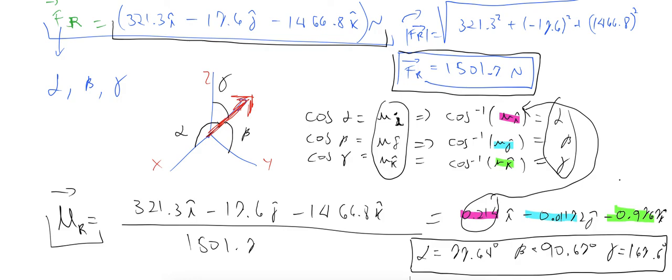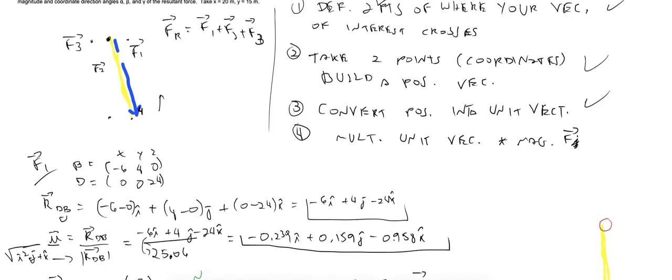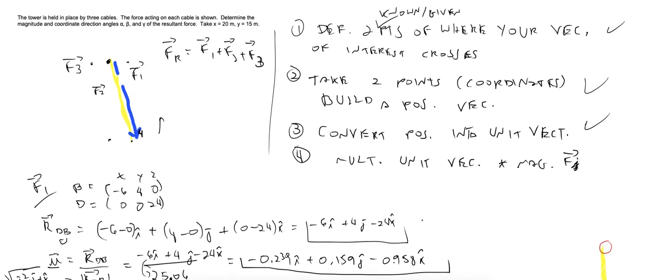So a quick recap before we wrap up, right? These steps that I showed you are going to be extremely important for solving 3D problems. If you don't follow these steps, I don't see how else you're going to solve 3D problems. There are some where you can do it the scalar way, which you will learn later.